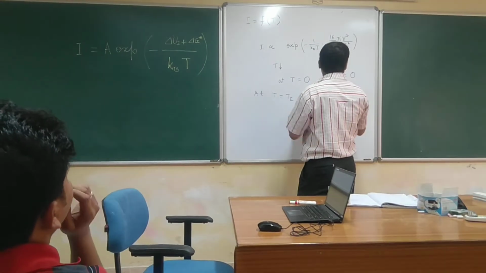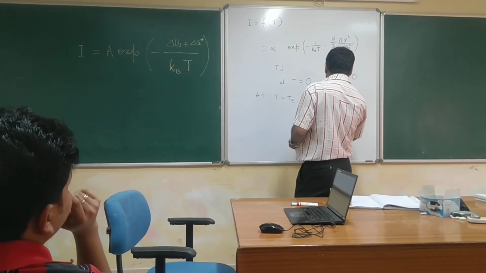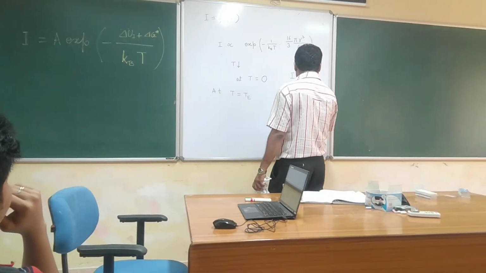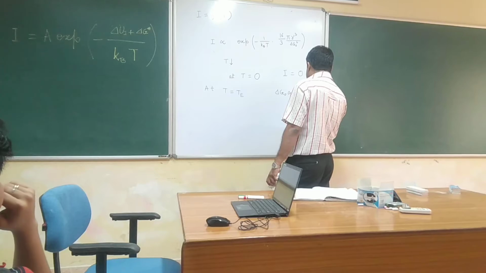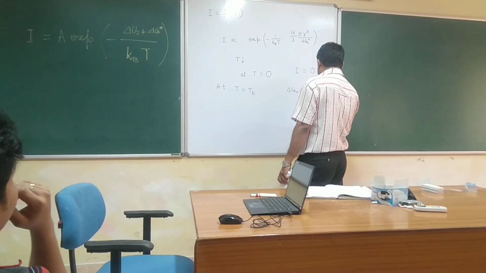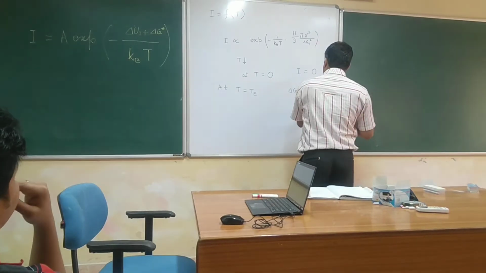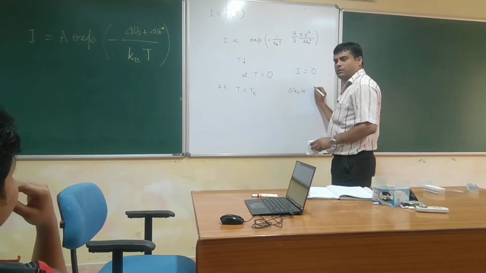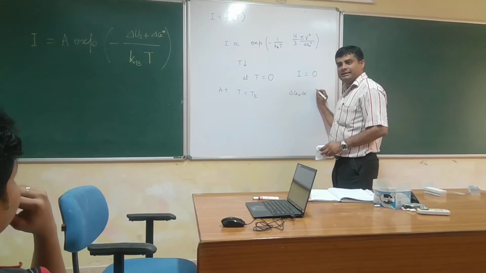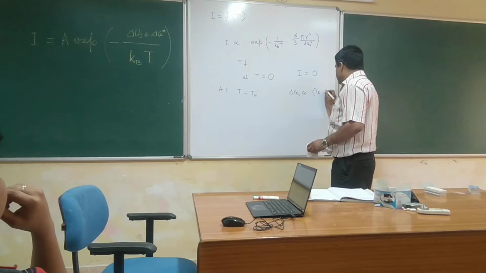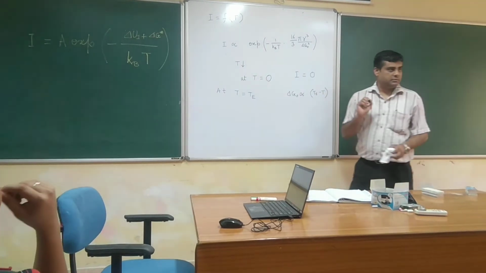What is delta GV? Delta GV is proportional to delta T, that is TE minus T. Directly proportional. Yes.